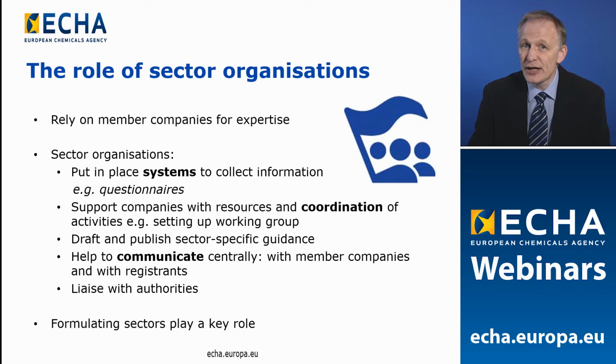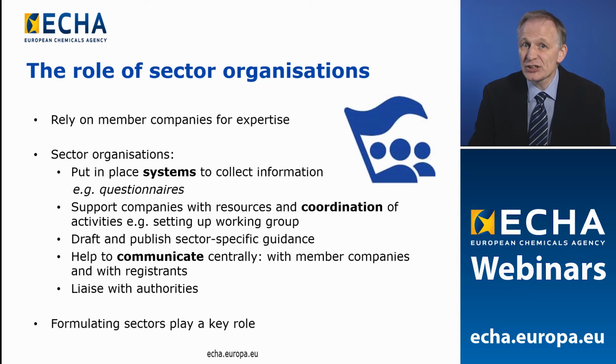They can identify and pool together the expertise needed from their member companies for the benefit of their whole membership. They can support the work on sector use maps by putting in place systems to collect information, for example through questionnaires. They can also support companies with resources and the coordination of activities, for example through setting up a working group.